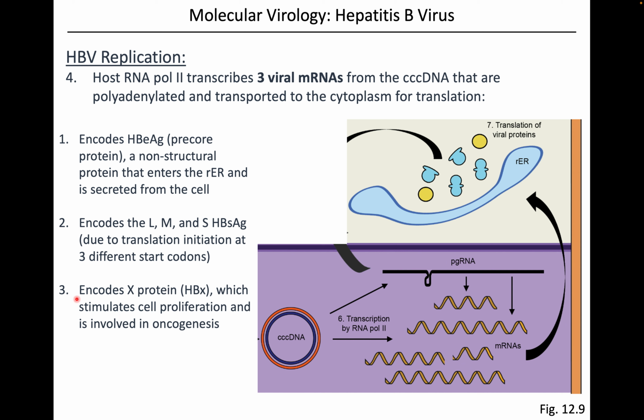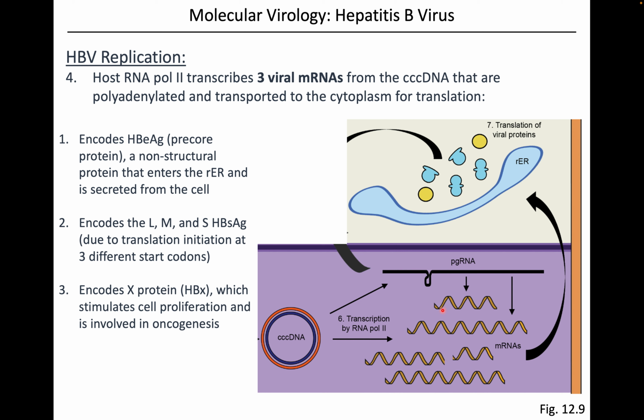I will just point out the third of these messenger RNAs encodes this protein that can directly trigger cell proliferation and is linked directly to induction of liver cancer by hepatitis B. So that one's kind of interesting.